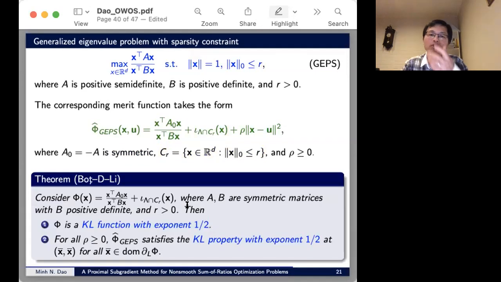And we also get the Kurdyka-Łojasiewicz property with exponent 1/2, and as a result, our methods also converge linearly in this case.